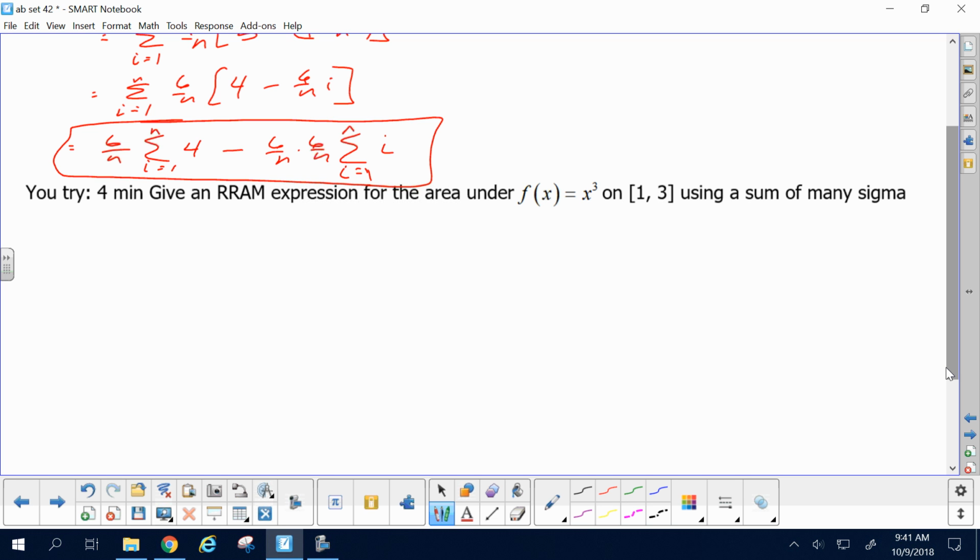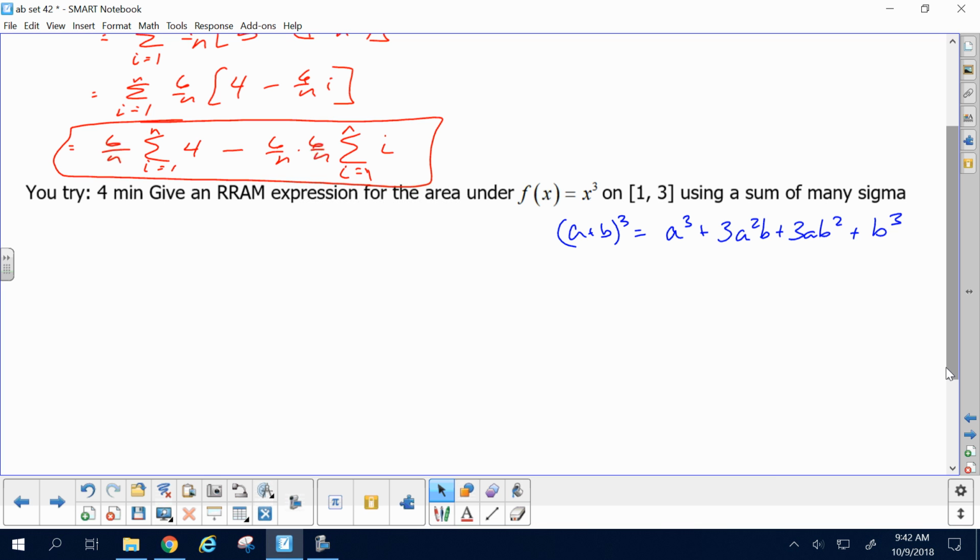You might need a little refresher on binomial expansion. I don't know if you remember your expansion of cubes. Do you? A plus b cubed is... that's the extension.